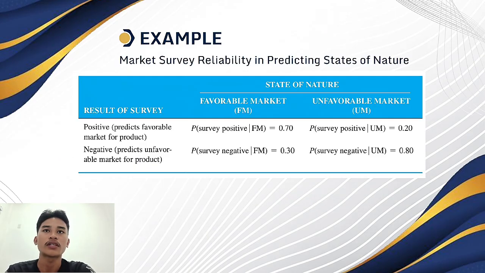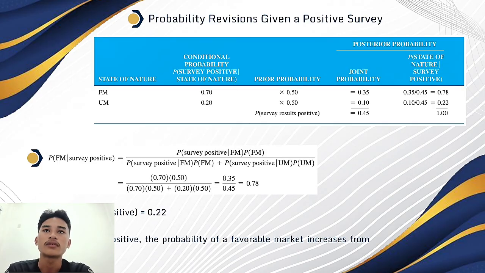So for example, market survey reliability in predicting the state of nature. For probability revisions given a positive survey, as you can see here, the probability that the survey results are positive is 0.45.